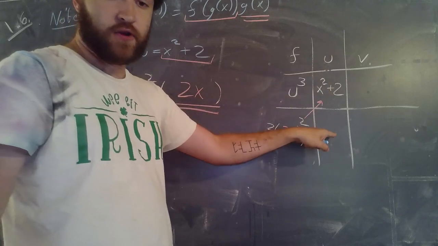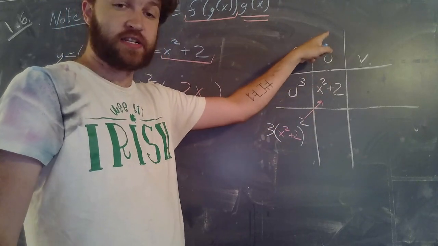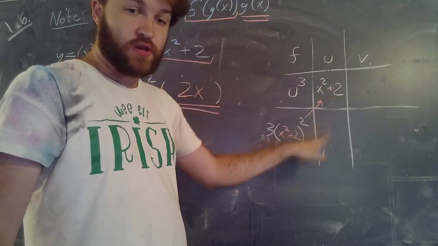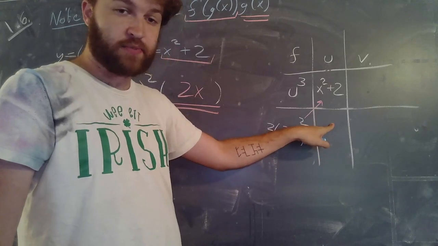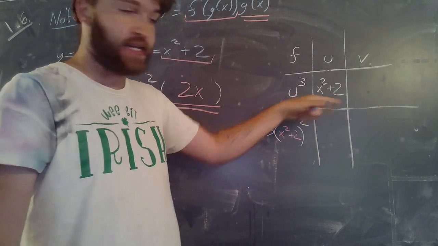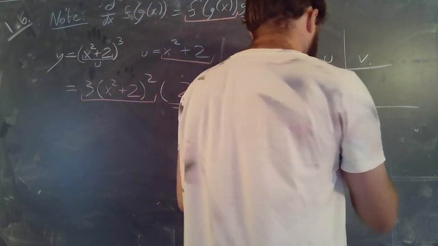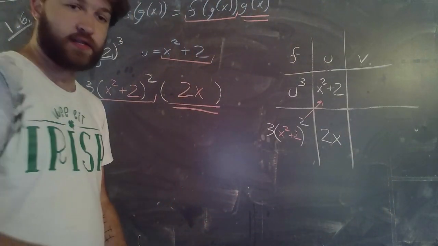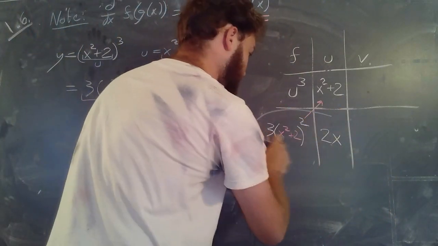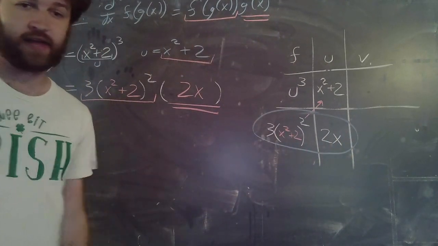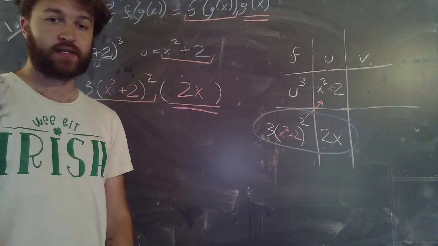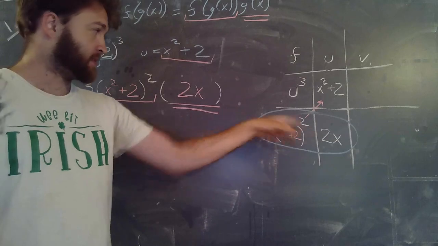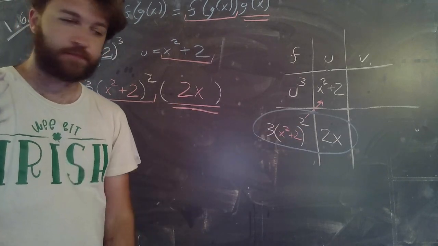Same thing, if you think about each of these like it's a column, if you're in the u column and you want to know what's in this blank, it's just whatever the derivative of that is. So that's 2x. Boom, we're done. The answer to this derivative will just be the bottom row all multiplied together. That's the derivative. So do this times that, and you'll notice that agrees with our answer there.